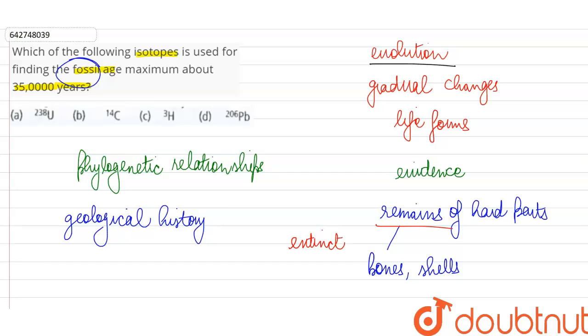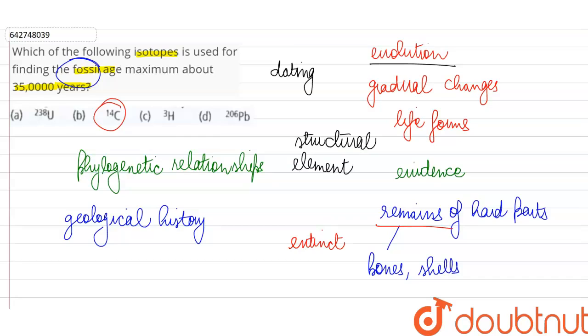And for this, we use many techniques of dating, out of which the radioactive dating based on the isotope of carbon is very helpful, because we know carbon is a very important element. It's a very important structural element and even a part of the most important organic biomolecules.